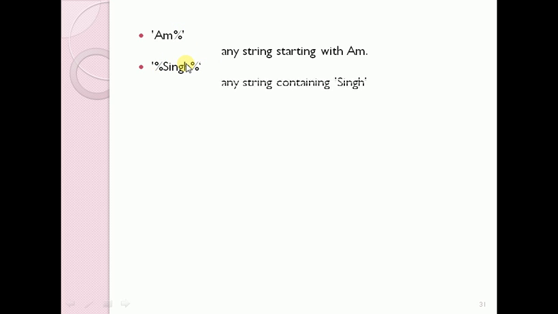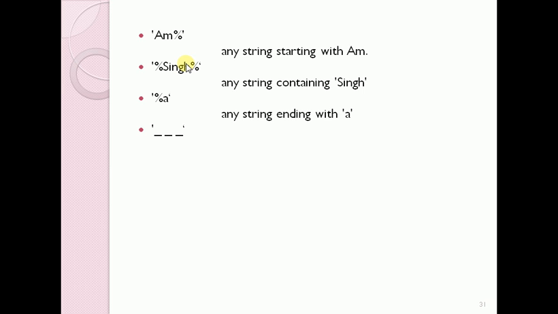That is the meaning: any string containing AM. Now '%A'. Percentage means any number of characters at the front, but at the end A. That means the string must end with A.